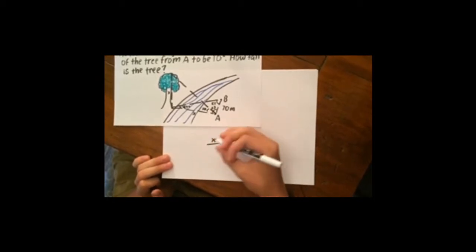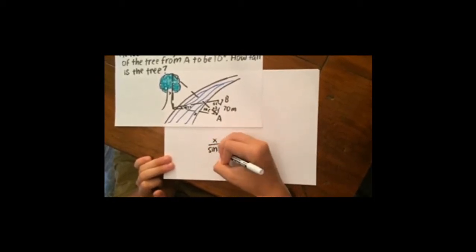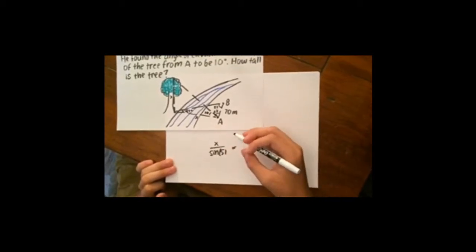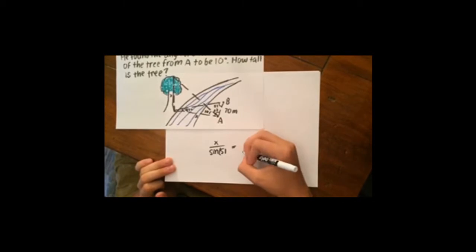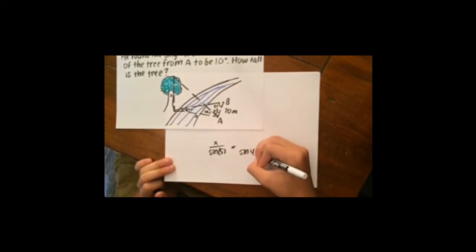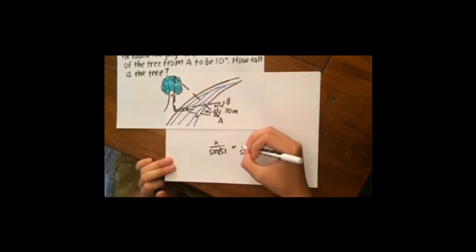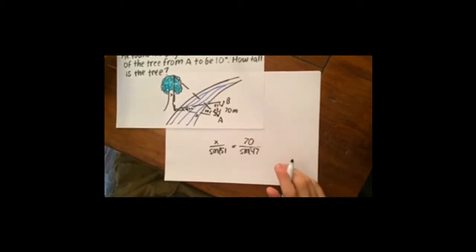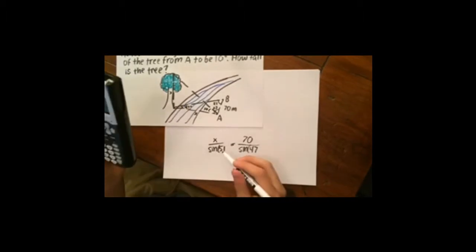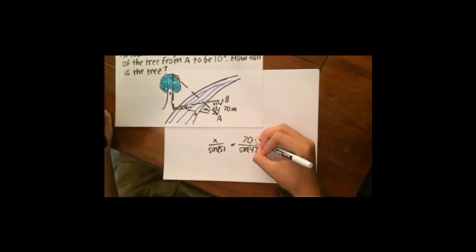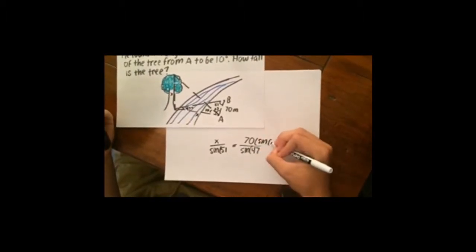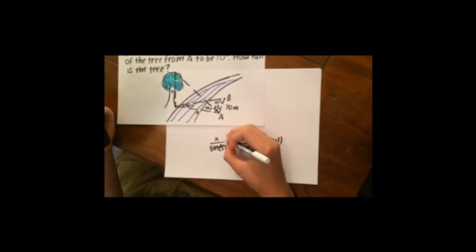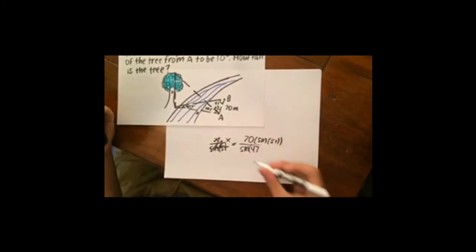So that will be the unknown over the sine of 51 equals the sine of 47, which is the angle that we found over here, over 70. So you plug this in, once again isolate x just like every other time. So that'd be times sine of 51. And this would be out, and x would just be isolated by itself.